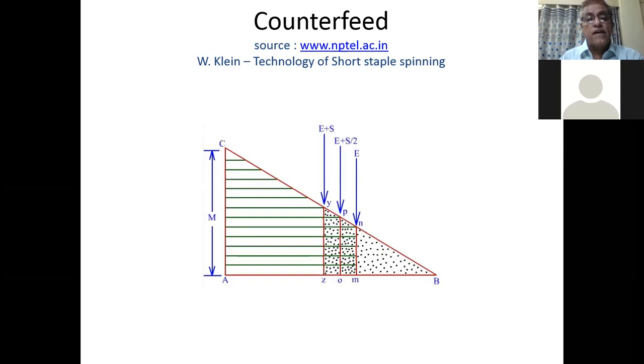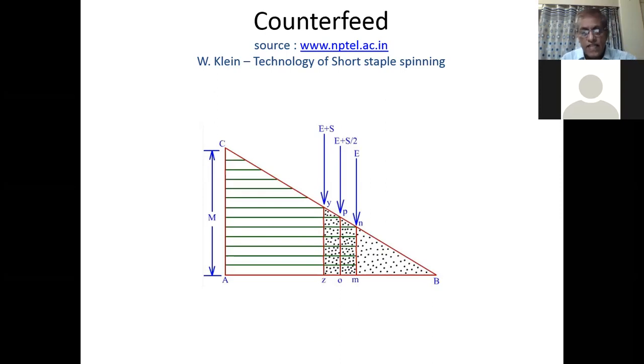This is the area of the lines that will go to the sliver, and fibers shorter than E plus S will go to noil or waste. We have already said that fiber shorter than E plus S will go to noil. That is represented by the dotted portion.